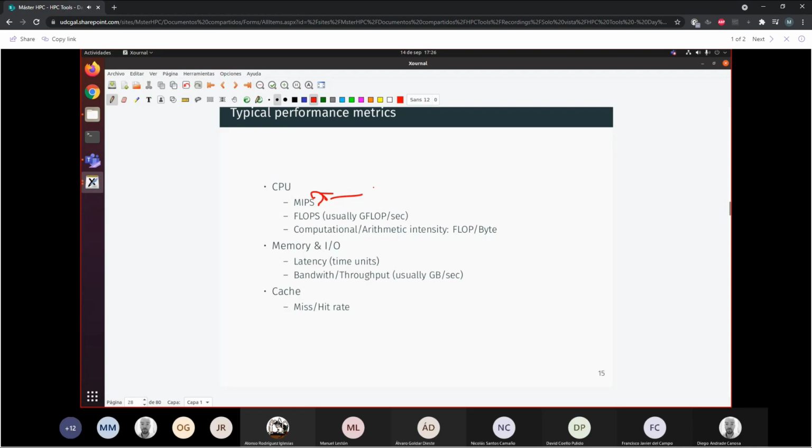Because it's doing simpler instructions, so it seems that it's faster according to the MIPS metric, but it's not faster in reality, okay? Because if you measure the execution time of the matrix multiplication, the other instruction is objectively faster.